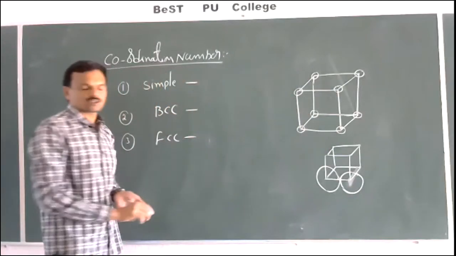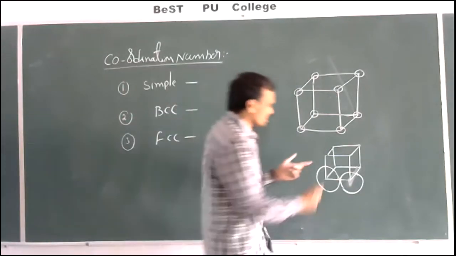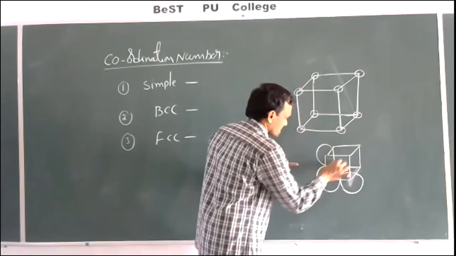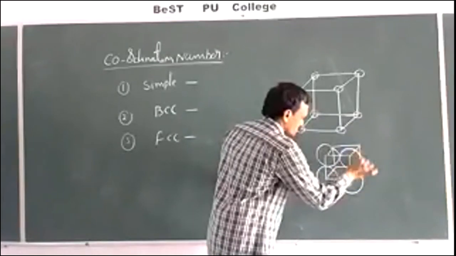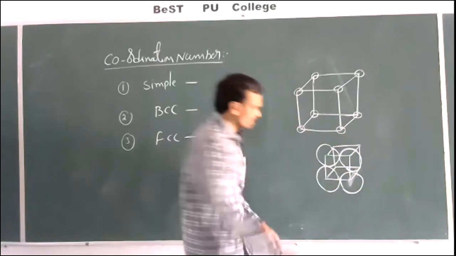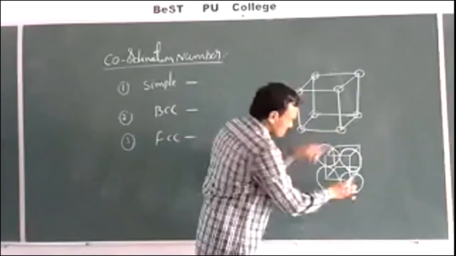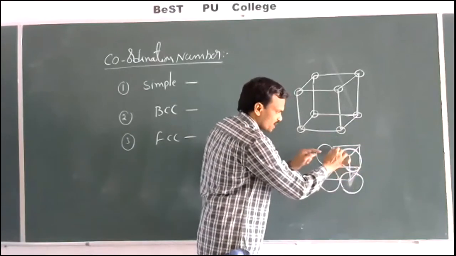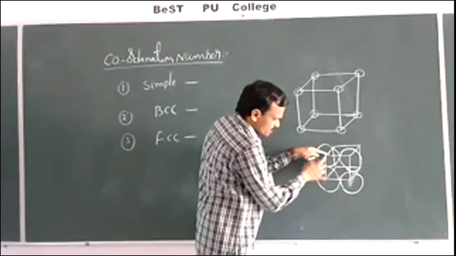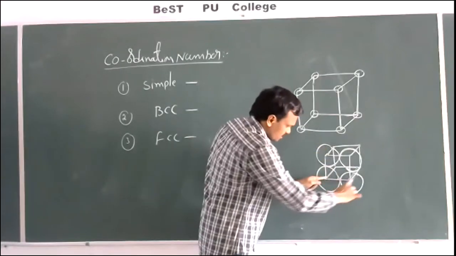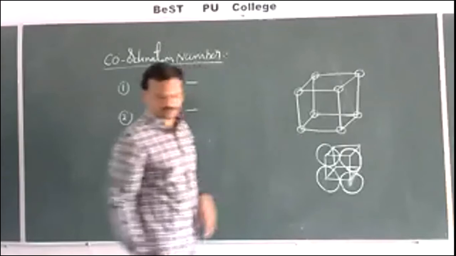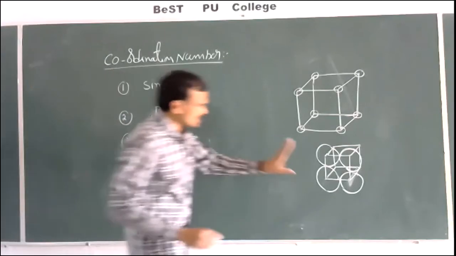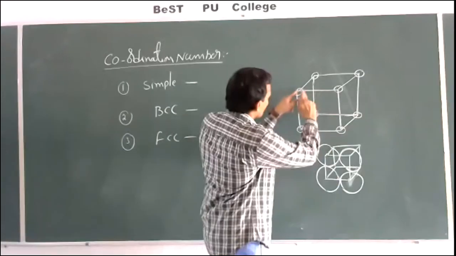On the top edge, two particles are in contact. On this edge, these two particles are in contact, and likewise on every edge. There is no gap between the constituent particles. So in a simple way we have represented it like this.